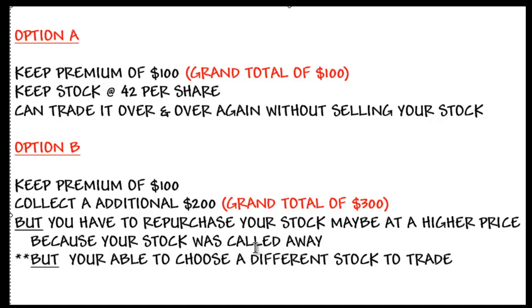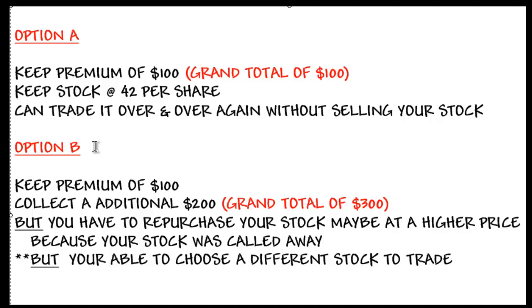When your option was called away from you, you no longer own the stock. So you cannot reuse the stock over and over again like you're doing here in option A. You would have to buy the stock back again, and then you would have to place a covered call on it, or you can do a buy right, which I said earlier we would not be talking about. So, this is the reason why I prefer option A.